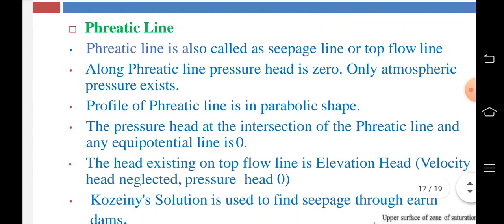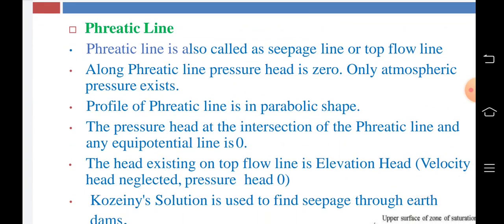Okay. Next part is the phreatic line. This phreatic line is also called the seepage line or the top flow line. Along this phreatic line, the pressure head is 0. Note that here only atmospheric pressure exists, and the shape of this phreatic line is parabolic.